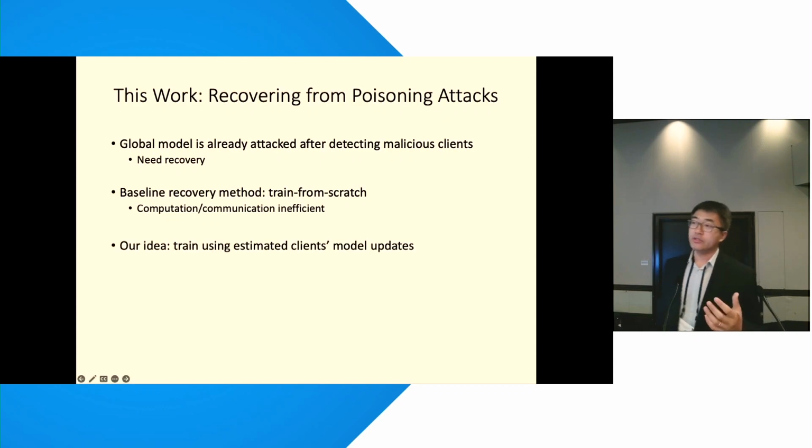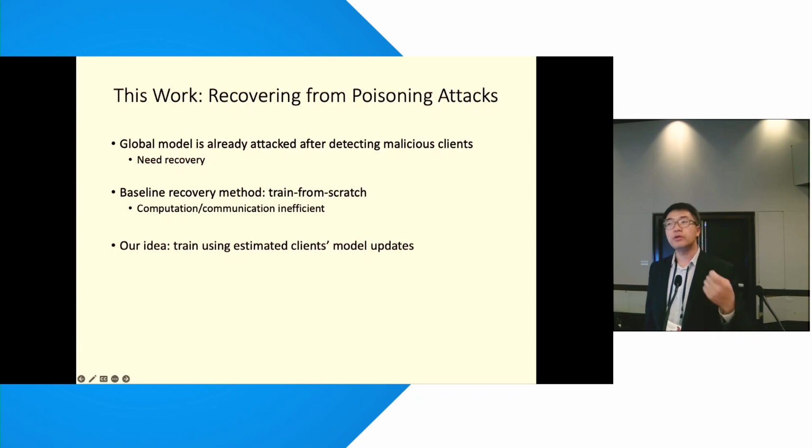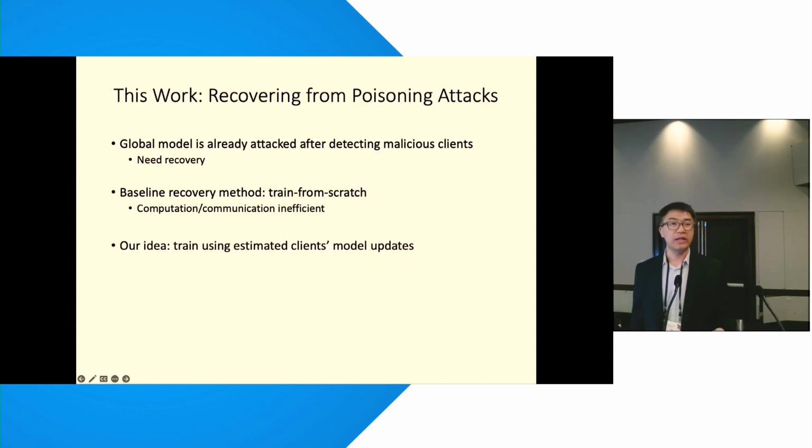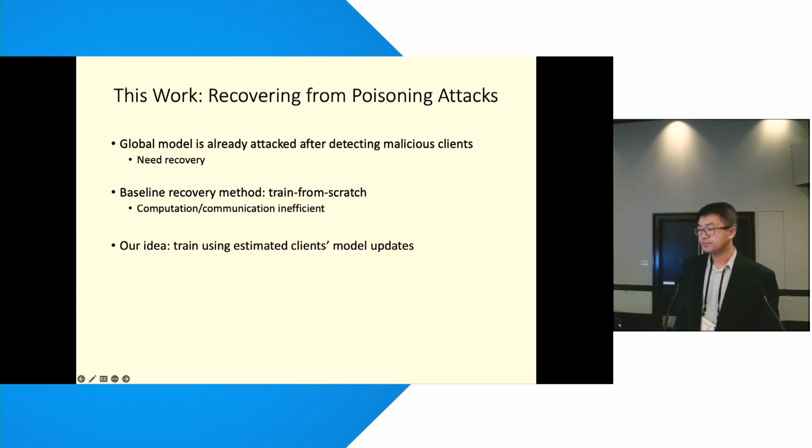Our idea is still to iteratively train the recovered model. However, instead of asking the client to compute their model updates again during recovery, the server estimates the client's model update and uses the estimated model update to learn the recovered global model.